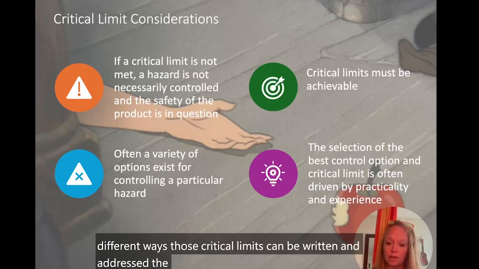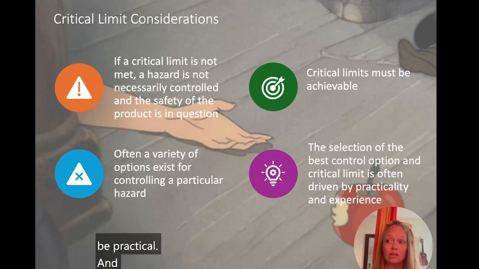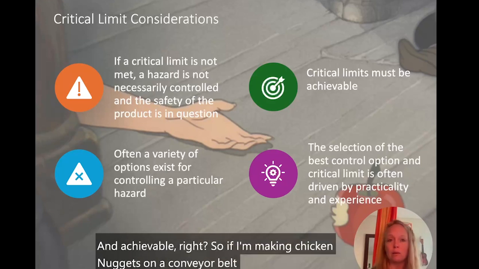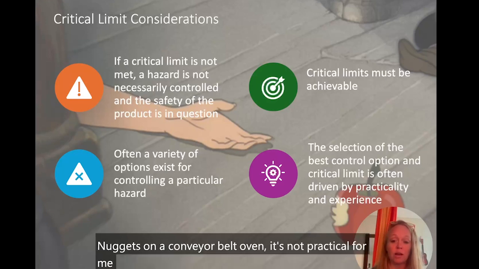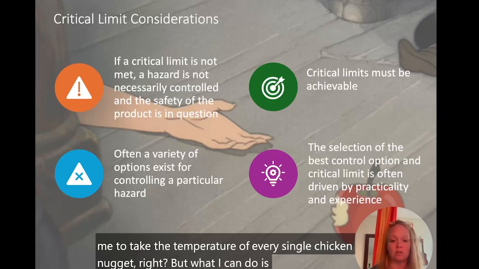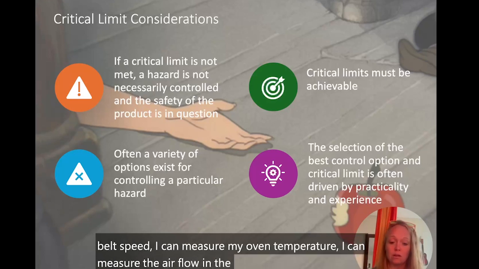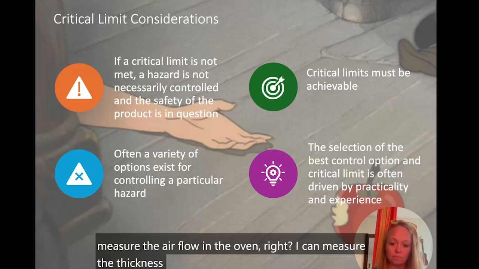The most important thing is that it has to be practical and achievable, right? So if I'm making chicken nuggets on a conveyor belt oven, it's not practical for me to take the temperature of every single chicken nugget, right? But what I can do is measure my belt speed, my oven temperature, the airflow in the oven, and the thickness of that chicken nugget.